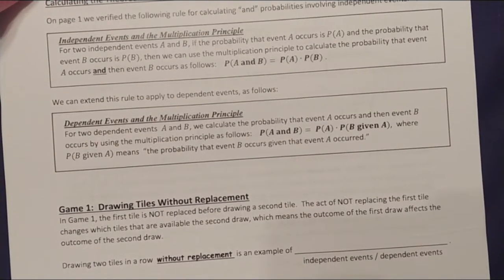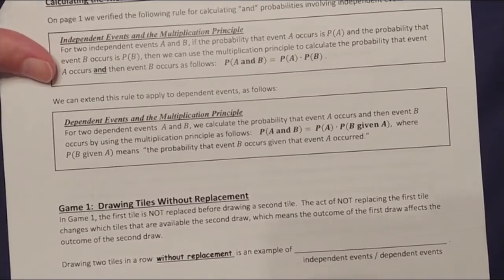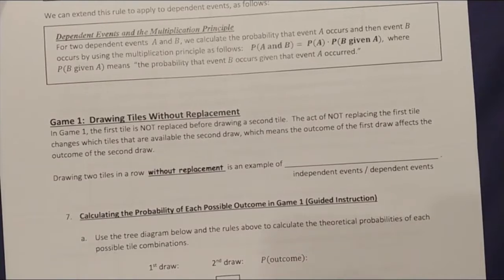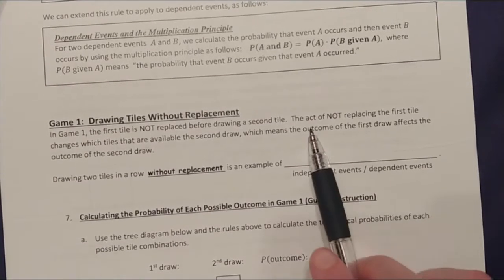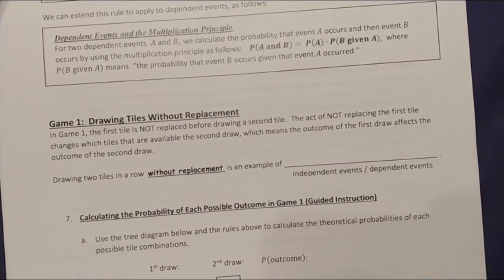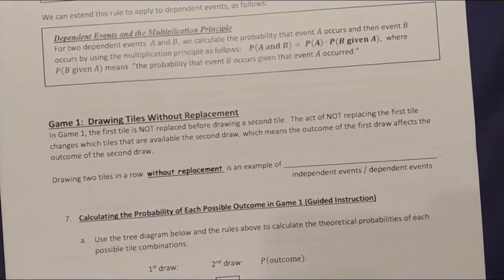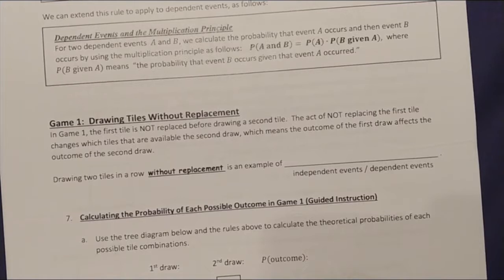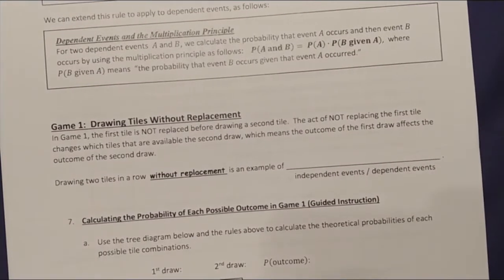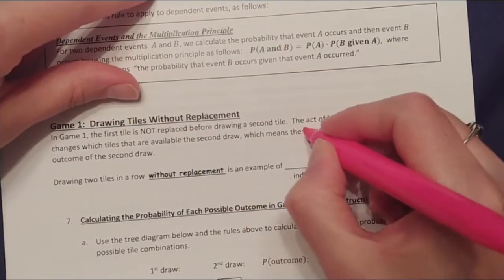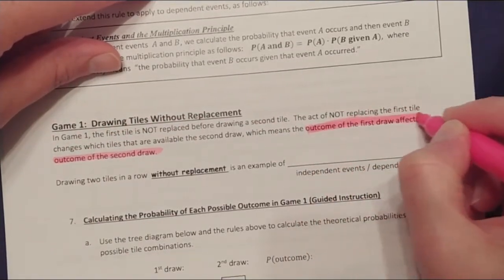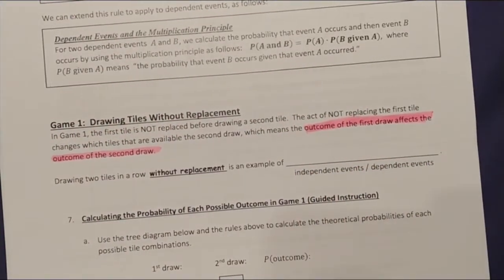So now let's look at game 1. Drawing tiles without replacement. In game 1, the first tile is not replaced before the second tile is drawn. The act of not replacing the first tile changes the tiles which are available for the second draw, which means that the outcome of the first draw affects the outcome of the second draw.